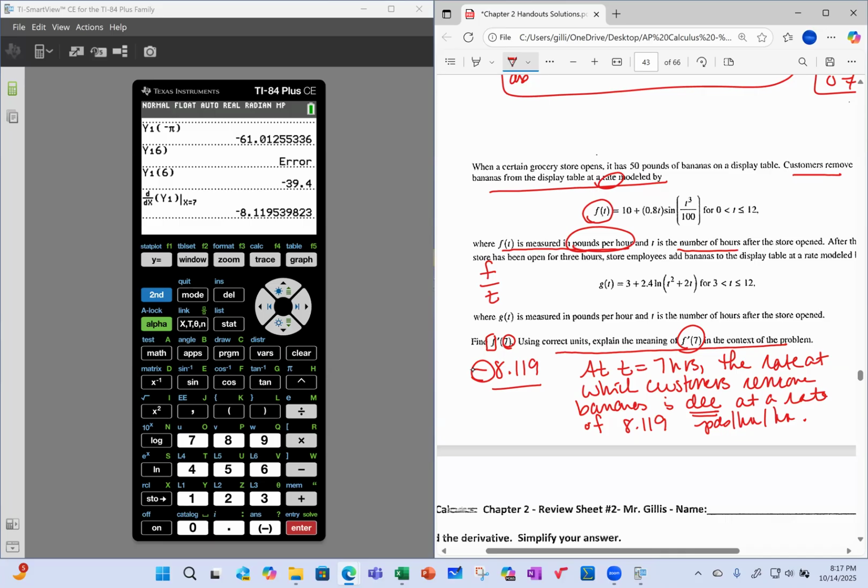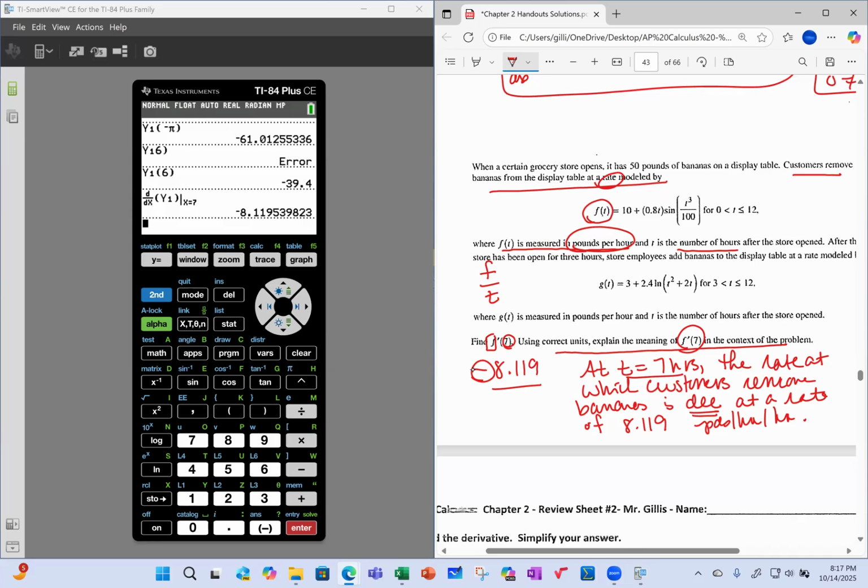And remember, we talked about this, that we have different types of functions. We have rate functions and we have an amount function. F does not represent the amount of bananas being removed. It represents the rate at which customers are removing the bananas. So therefore, this needs to read: at t equals 7 hours, the rate at which customers are removing bananas is decreasing at a rate of 8.119 pounds per hour per hour.